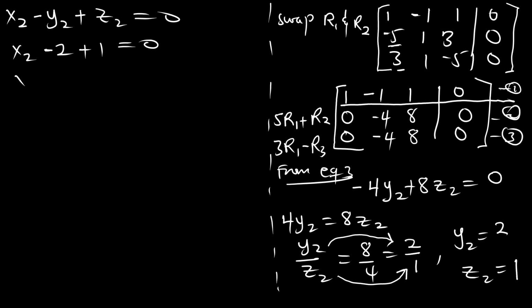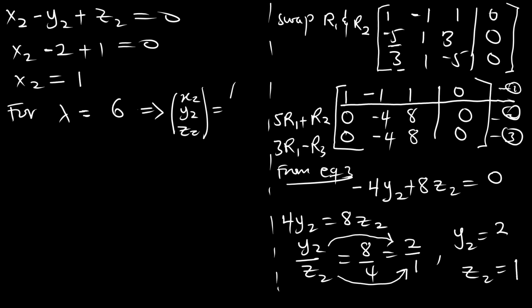Therefore, our x2 is going to be equal to a positive 1. Therefore, we can also conclude that for the eigenvalue equal to 6, its corresponding eigenvector, which is x2, y2, and z2, is equal to 1, 2, and 1. Are we okay? So we have this as our corresponding values.